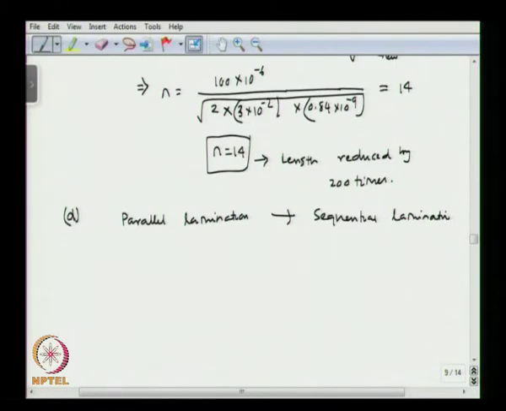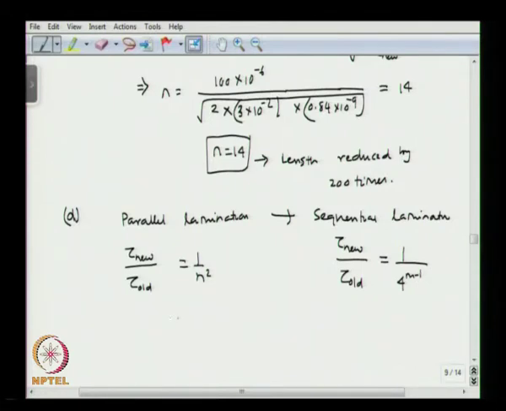So in that case we can write for the parallel lamination, tau new over tau old will be 1 over n square, and for sequential lamination tau new over tau old will be 1 over 4 to the power m minus 1, where m is the number of different stages we are considering.